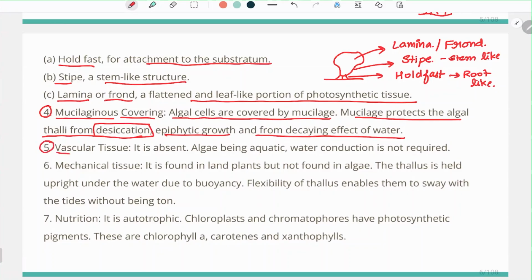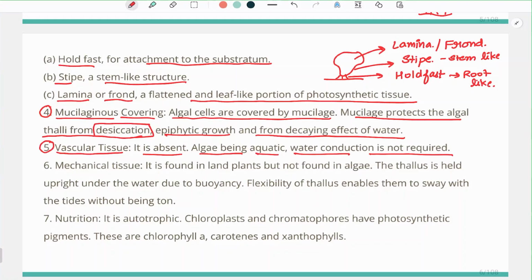Vascular tissue is absent. Algae are aquatic, so water conduction is not required. We know that when we studied the two classes it was differentiated, so vascular tissue was not present in the class of algae. We have seen that. Why it is absent is very clear because of the habitat of algae.